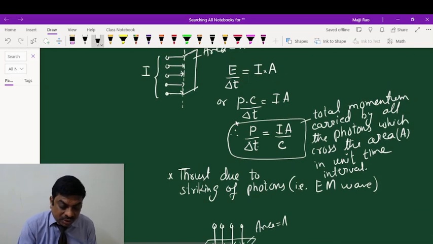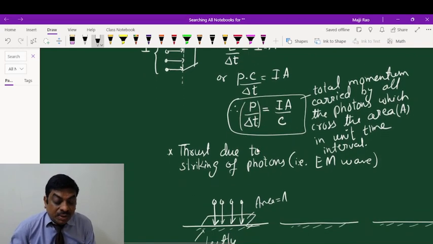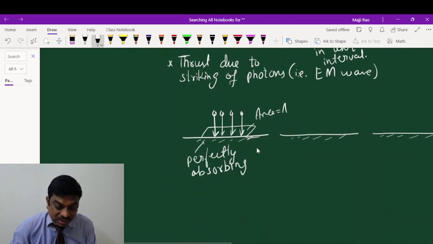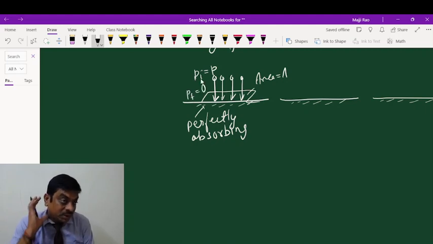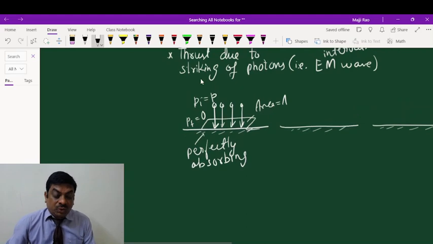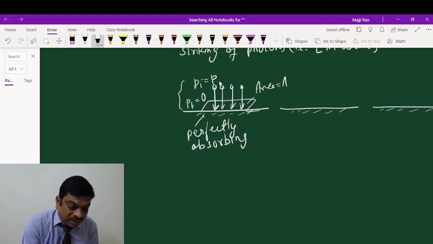So the rate at which momentum is absorbed or momentum changes is this. Because you see, students, initial momentum, let us say it is P. But once it gets absorbed, the final momentum becomes zero because the photons no longer exist there. So change in momentum is P itself.